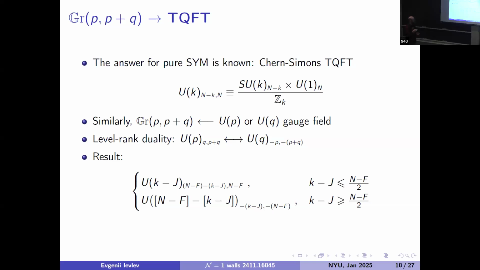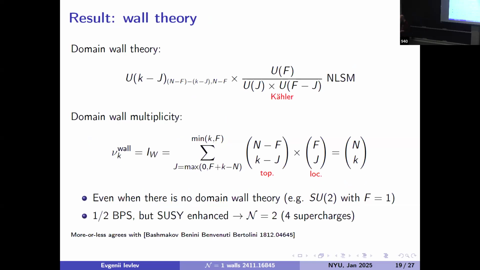This is actually equivalent to imposing level-rank duality, and that simple consideration more or less uniquely fixes the domain wall theory. You can argue that your sigma model for the monopole moduli actually becomes a Chern-Simons theory, and you know which Chern-Simons theory. So it becomes Chern-Simons theory when you decompactify. Yes, and then we check that.